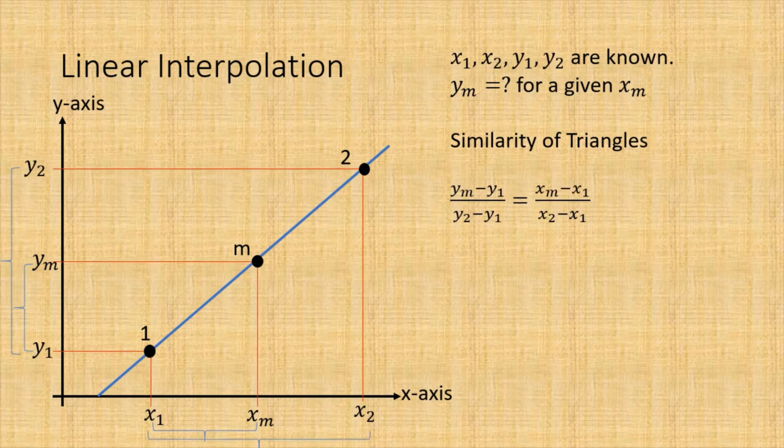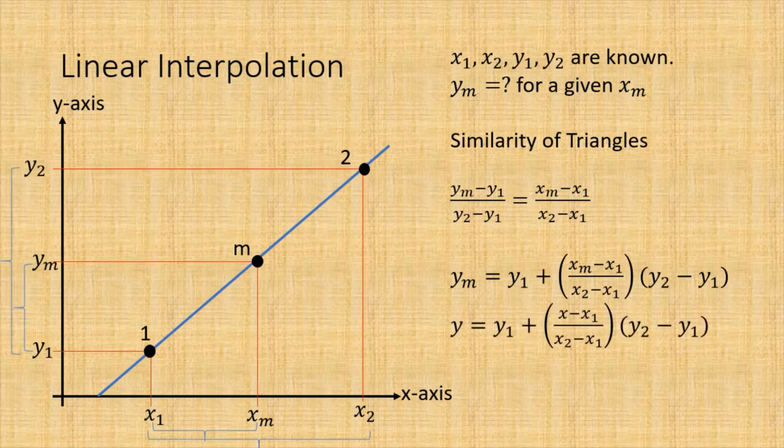Now we have a relationship with our known values and our unknown value of ym. When we isolate for ym, we get this formula. The formula sheet has the exact same formula, except the middle point is represented by an x and a y without the m. They look slightly different, but they mean the exact same thing.